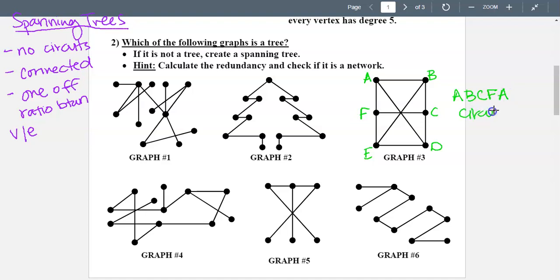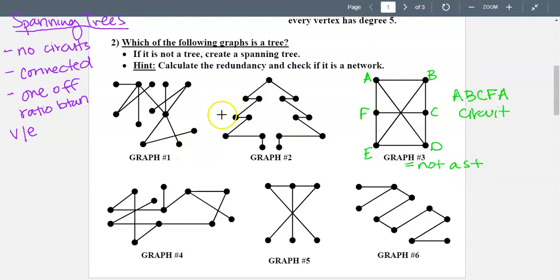So graph 3 is not a spanning tree because it has a circuit in it.